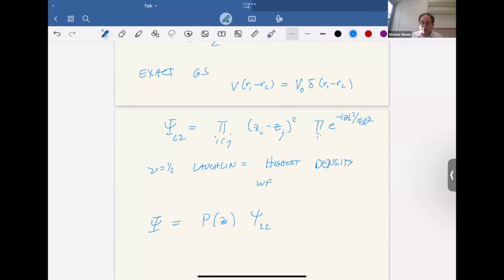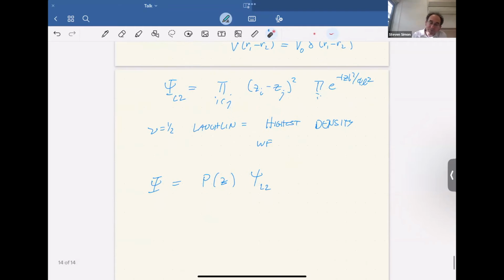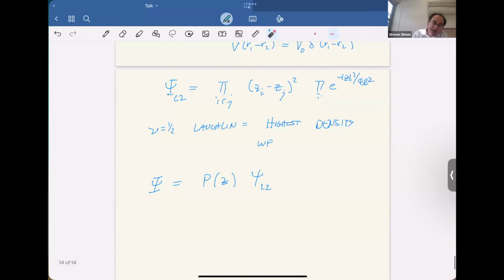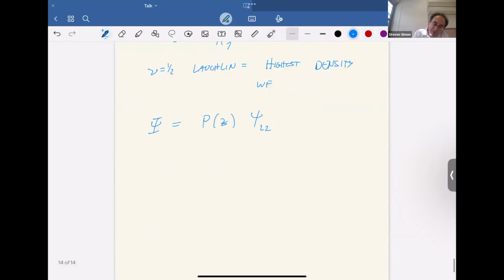The highest density wave function I can come up with, which still zeroes out this interaction, is Laughlin, where you have a second order 0 at the position of every single particle with respect to the first particle. So the total energy as a function of density, let's write the density as a density divided by the number of flux in the system.